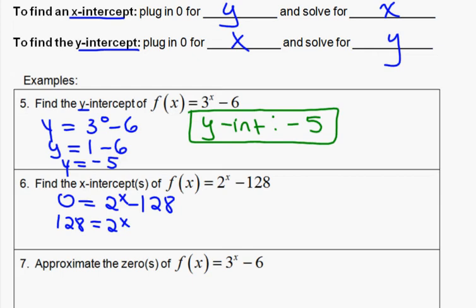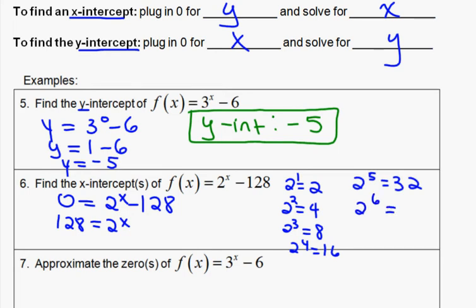Now, I'm going to list the powers of 2 so that we can figure this out. So 2 to the first power clearly is 2. 2 squared is 4. 2 cubed is 8. So I'm just multiplying each previous number by 2. 2 to the 4th is 16. 2 to the 5th is 32. 2 to the 6th is 64. 2 to the 7th is 128.